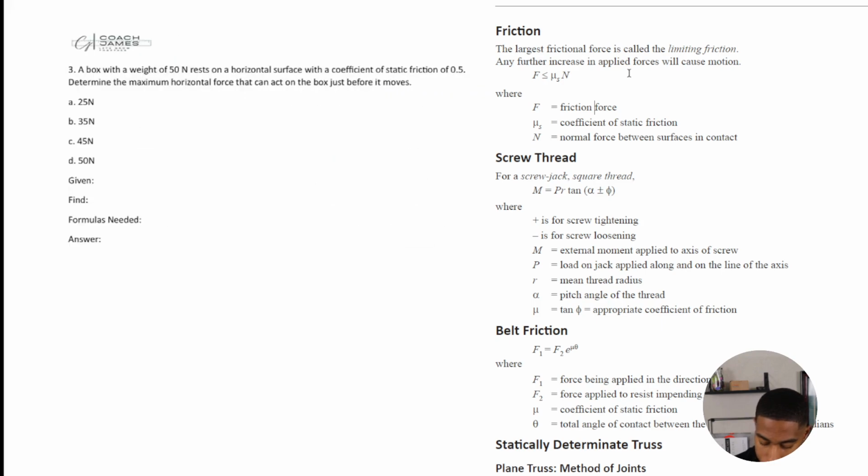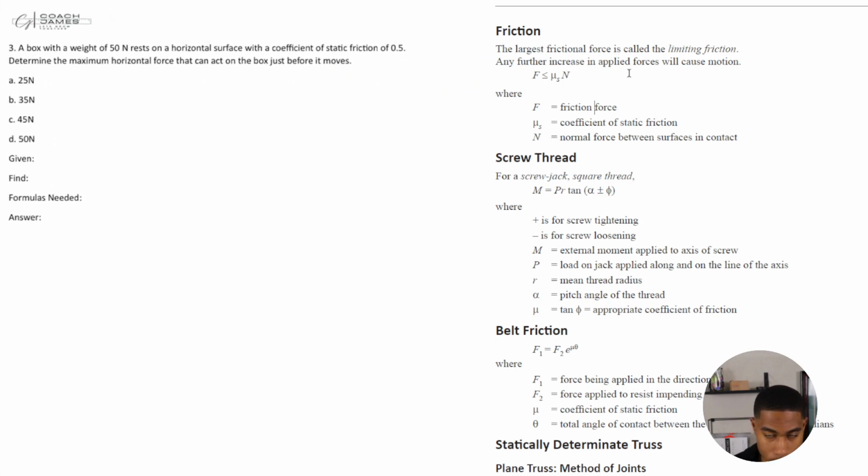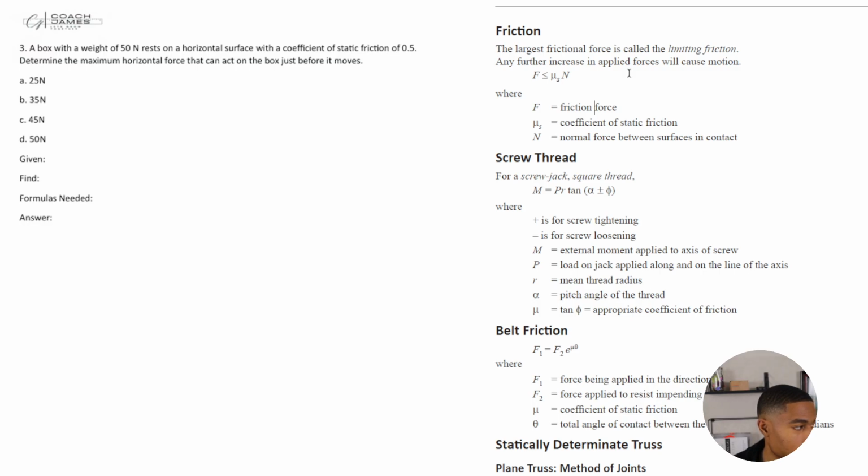Alrighty, let's look at number 3. All right, it says a box with a weight of 50 newtons rests on a horizontal surface with a coefficient of static friction of 0.5. Determine the maximum horizontal force that can act on the box just before it moves. Okay, so let's look at this.